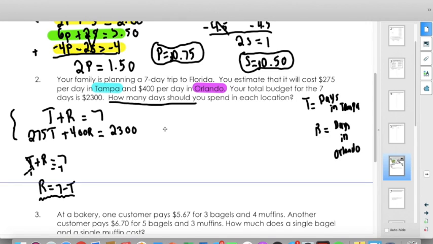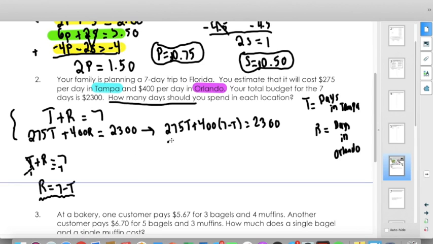Okay, so if R is equal to 7 minus T, now let's substitute that in for R and figure out what T is. So 275T plus 400R, but now we're going to substitute in 7 minus T, equals 2300.